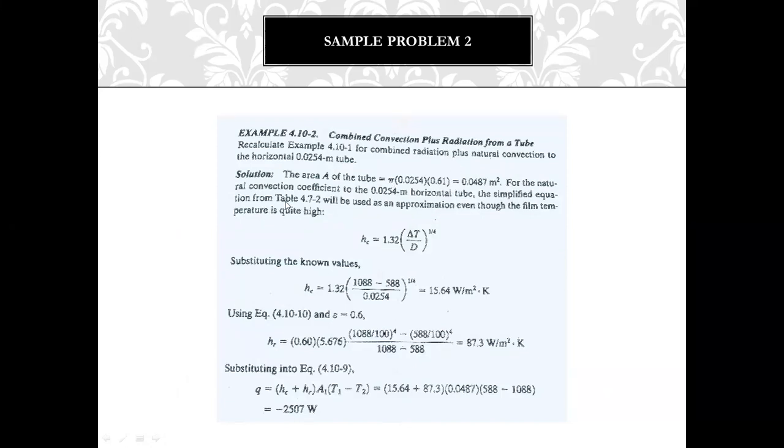And for the natural convection coefficient to the 0.0254 meter horizontal tube, the simplified equation from table 4.7-2 will be used as an approximation, even though the film temperature is quite high. So meaning we will determine the heat transfer coefficient by convective heat transfer using the simplified equation found in table 4.7-2. Let me show to you the table 4.7-2.